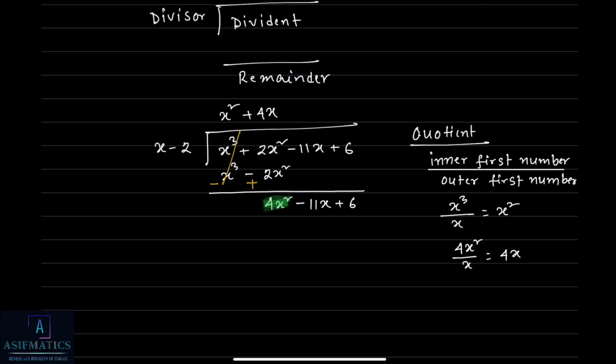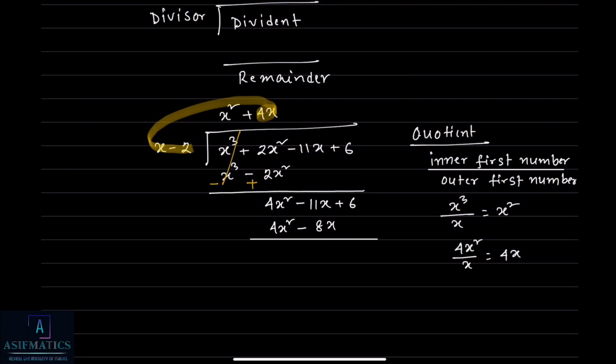Now we multiply this 4x with the divisor and write it here. 4x times x is 4x squared, and 4x times minus 2 is minus 8x.